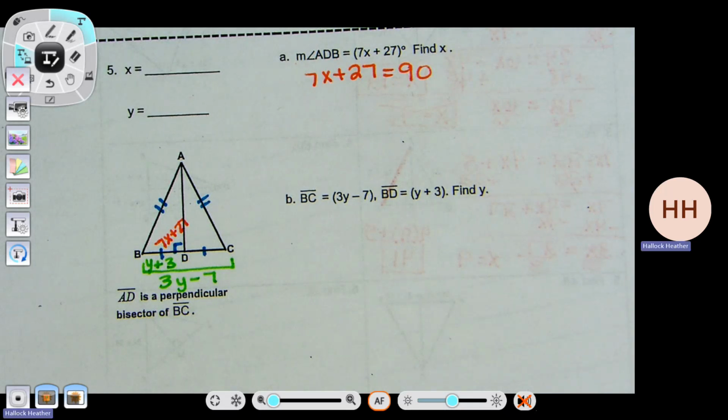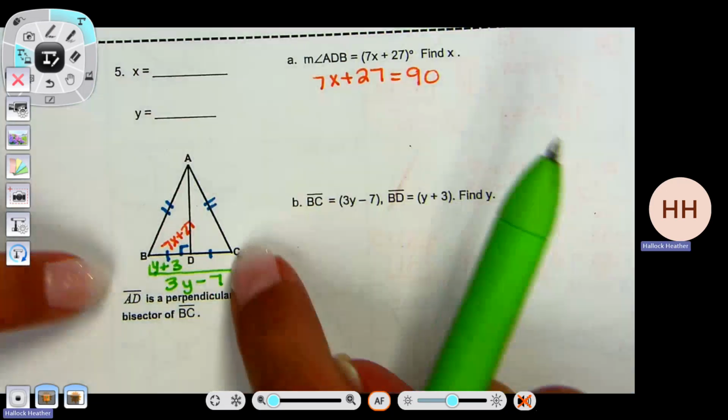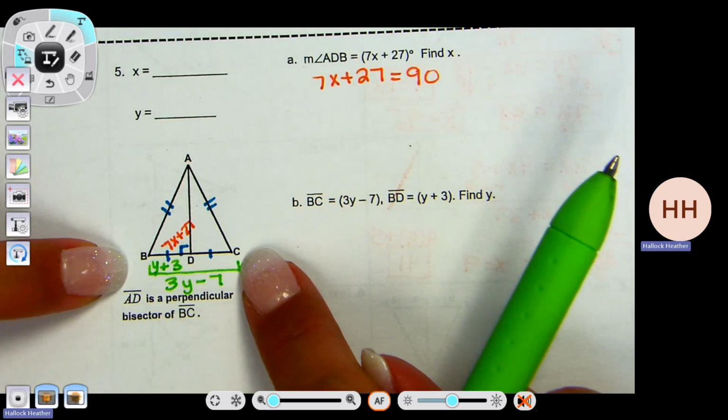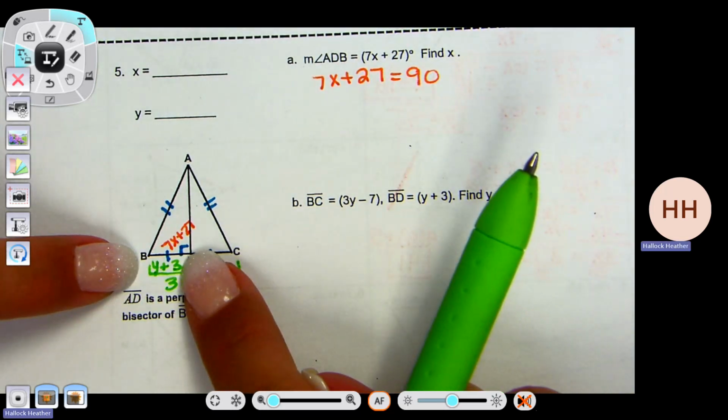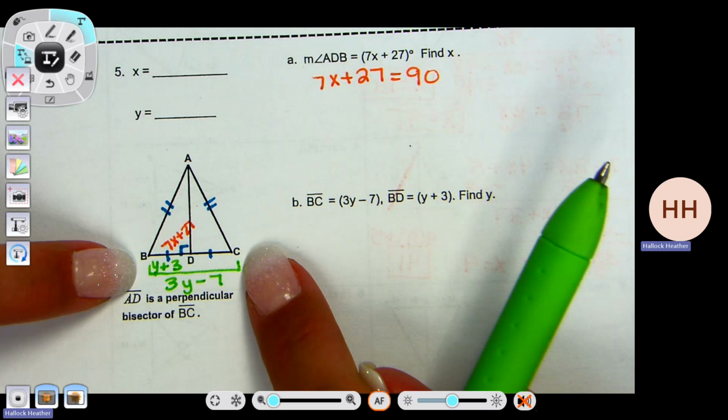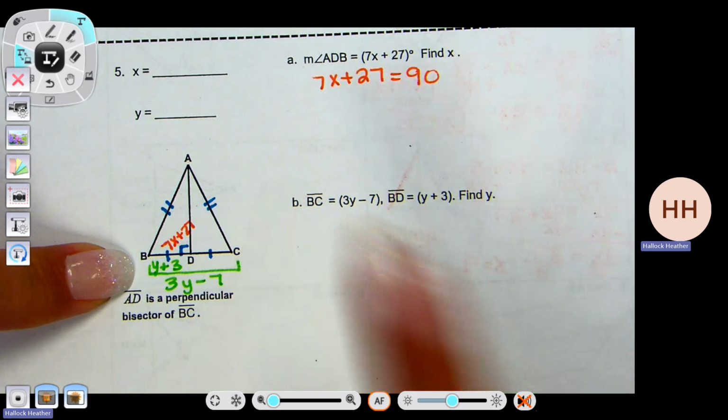So what could I do? Nope, because 90 is the inside of a triangle. We're talking about side lengths, so it's literally all the outsides. So the outside of this piece is y plus 3. The outside of the whole thing is 3y minus 7. So we're not using 180.